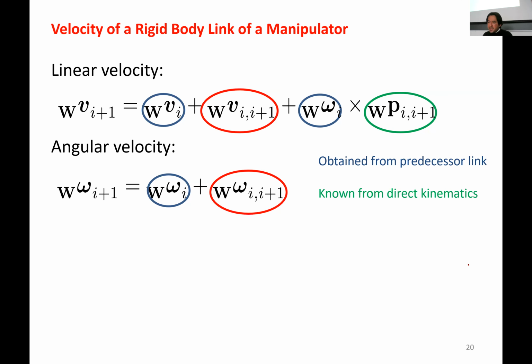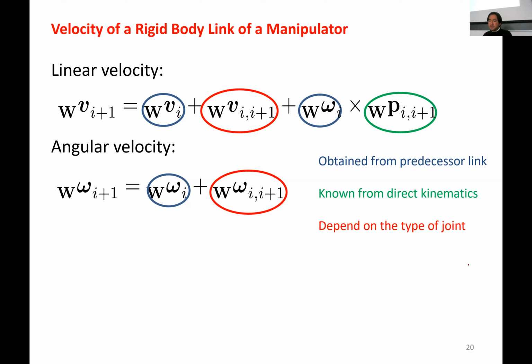And we end up with these two terms here, which are the most important ones that we're going to be working with in the next slides. This is basically telling us the change of velocity from the predecessor link to the one that we care about. And this depends on the type of joint.